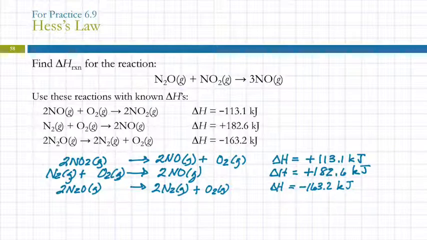What's kind of confusing is I've got some other stuff in here. I've got the N2 and the O2 that don't show up in the overall reaction. So I'm kind of just leaving them alone. They're just going wherever they go. And I'm making sure this is one of my reactants, and that's one of my reactants, and this is a product. And so I've got those on the correct side of the arrow for my overall reaction. Does that help?